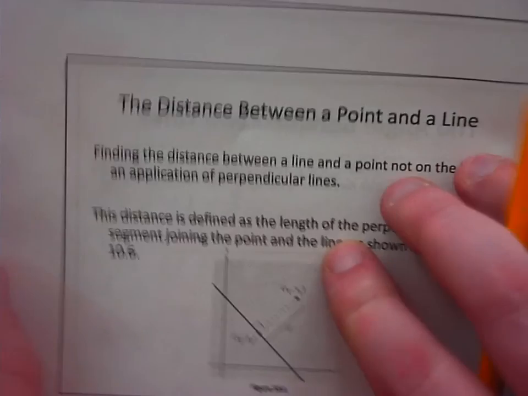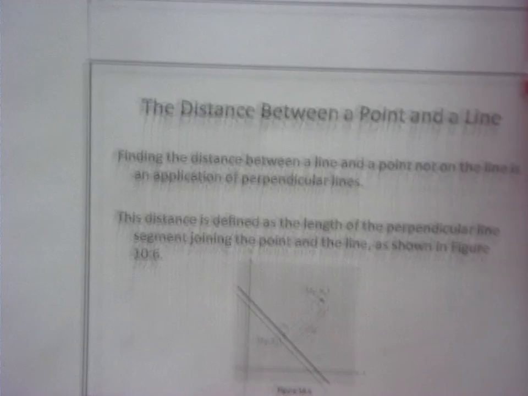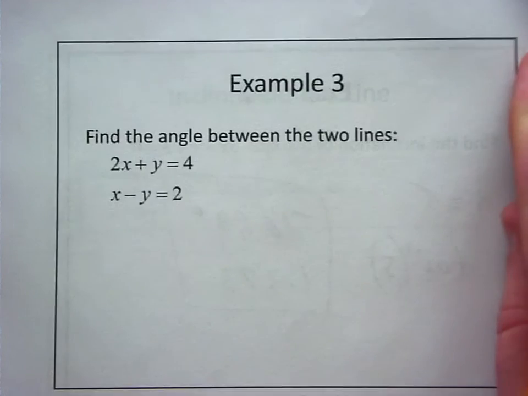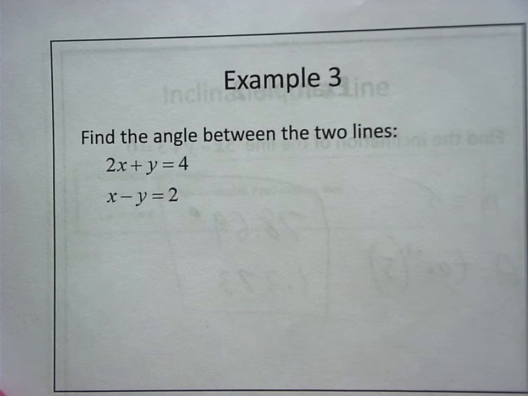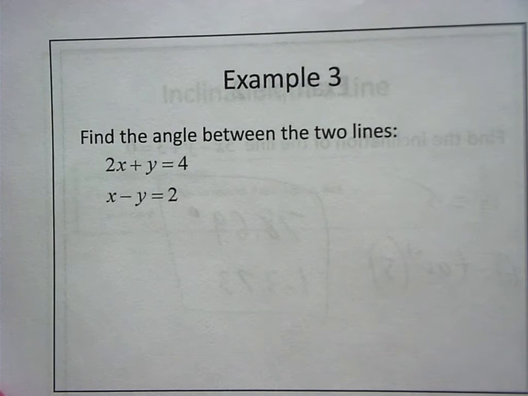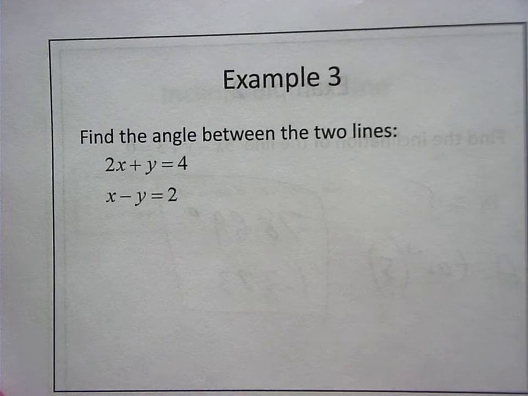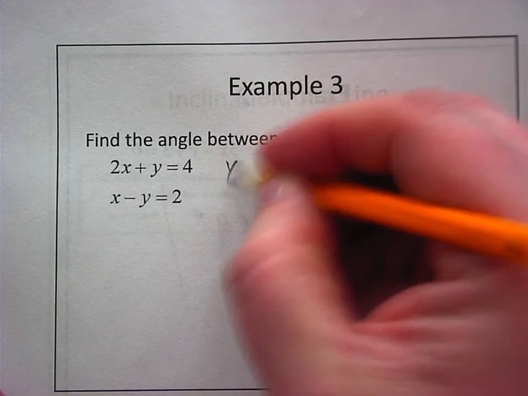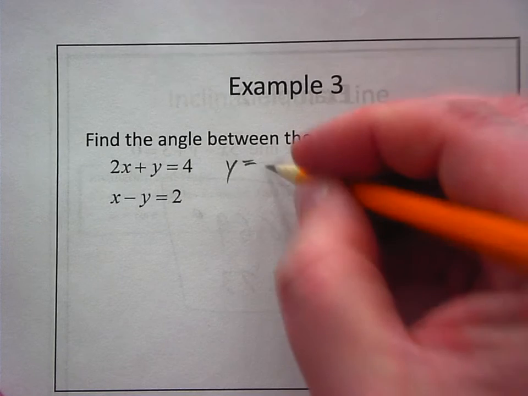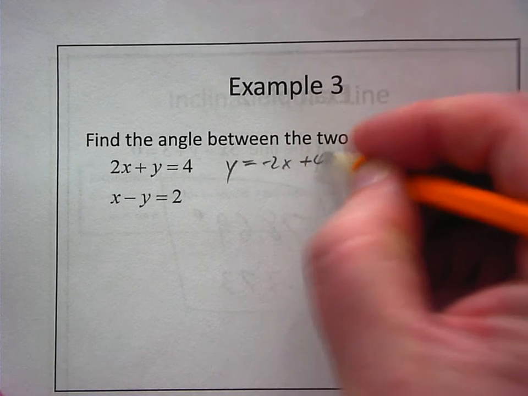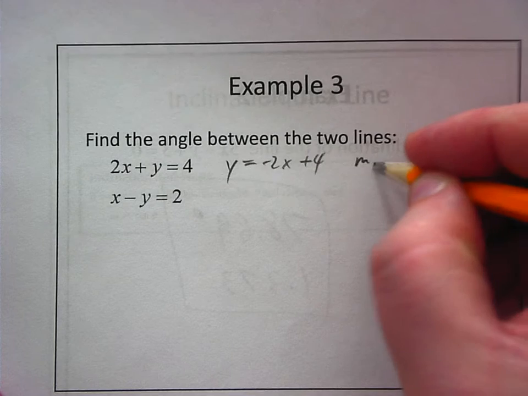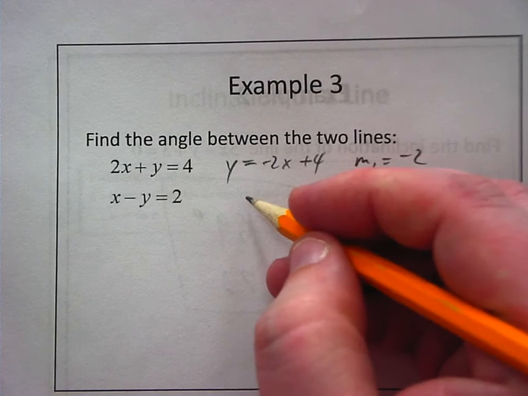Now, if I want to find the angle between these 2 lines, what do I have to do first? Get the y on one side in order to find the slope. So here I'm going to have y equals negative 2x plus 4, which gives me a slope of negative 2.